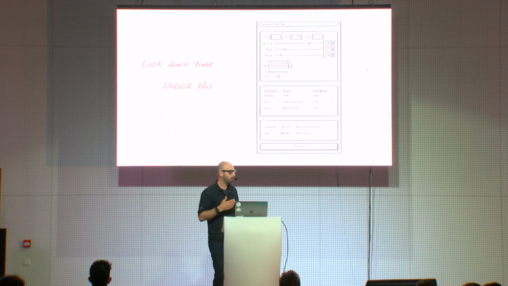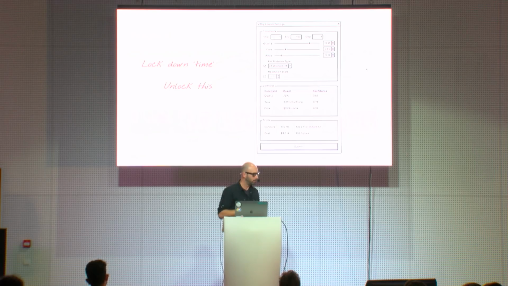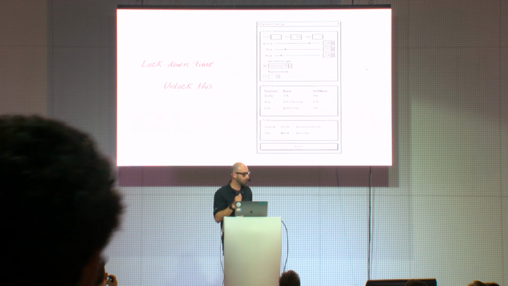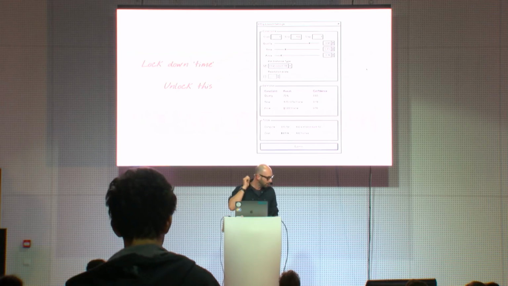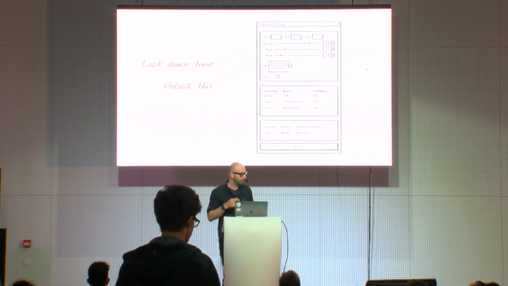So in our figurative UI here, to achieve that previous frame to flatten time, you basically want to lock down time. Unfortunately, I don't have a little lock icon on that slider, but you would lock down time and say, I want it to be done in exactly this amount of time, and then you would unlock the minimum instance type so that it could vary, to assign whatever it deems necessary.